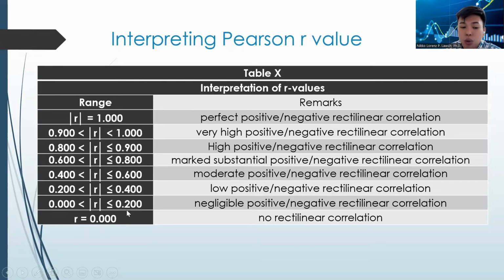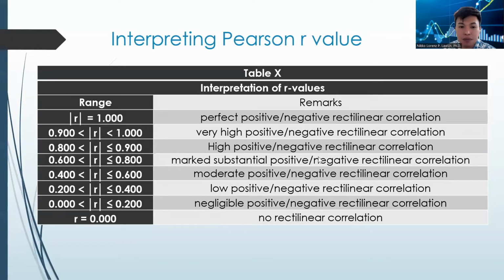And 0 to 0.2 is negligible positive or negative rectilinear correlation. And if you got the value of 0, therefore there is no significant relationship between the two variables. Is that clear to everybody? Okay, let's proceed.